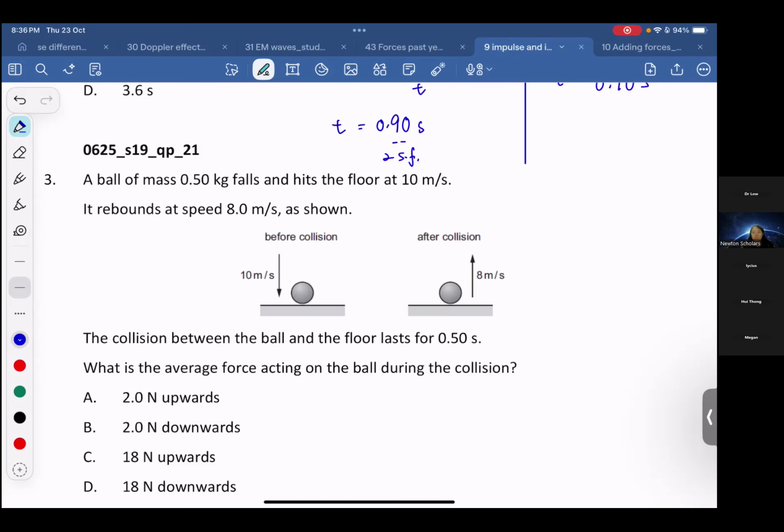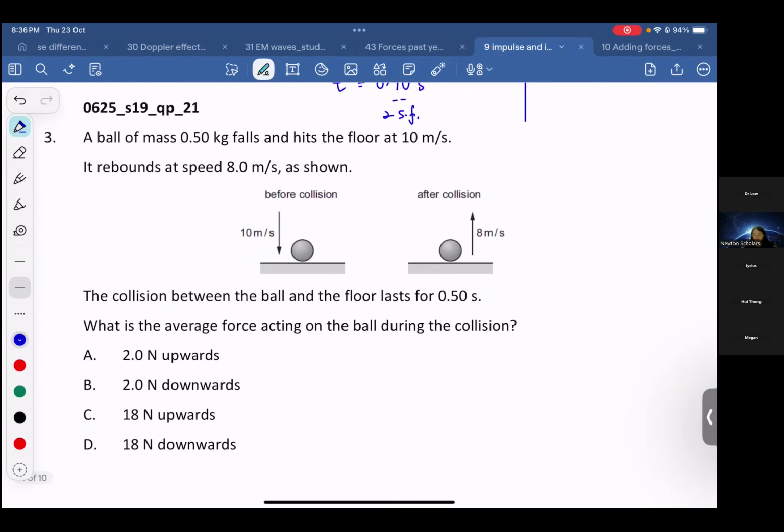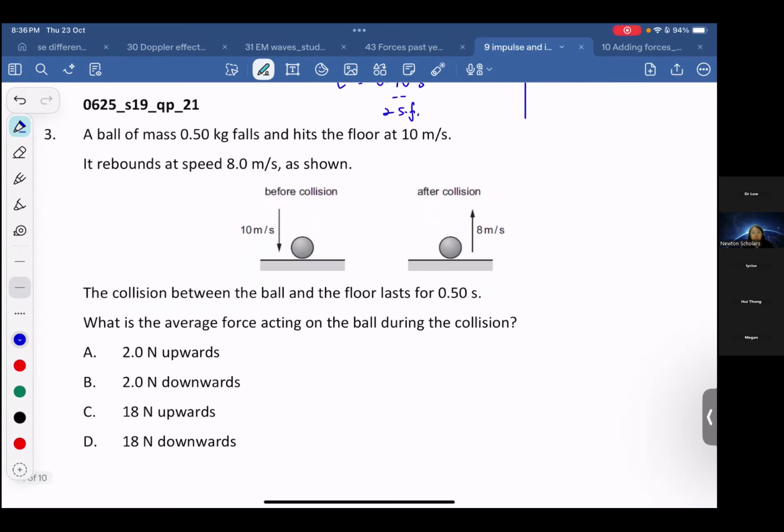Like the momentum last week that we learned. Move in opposite direction, then what's going on? Have to consider direction, dear, because force is a vector quantity.